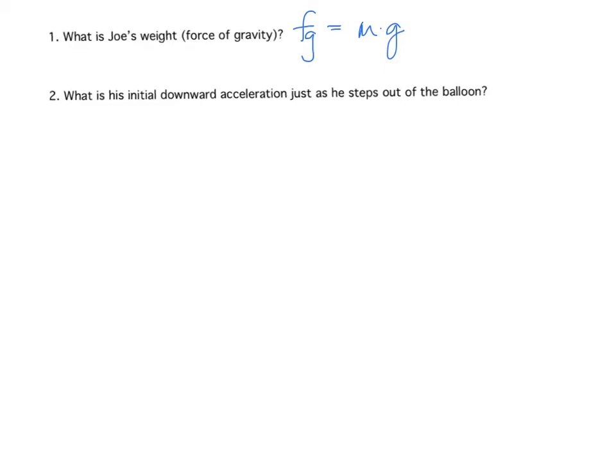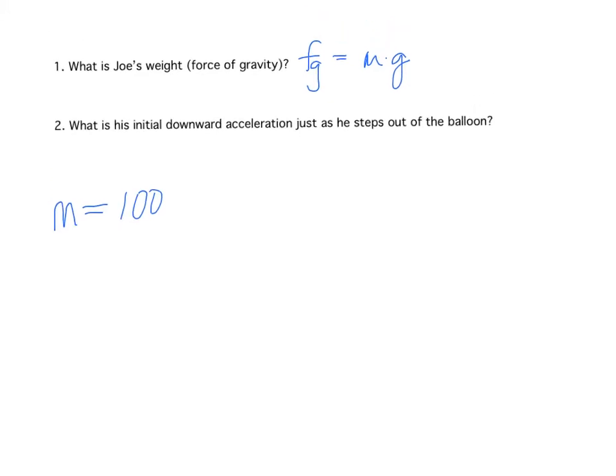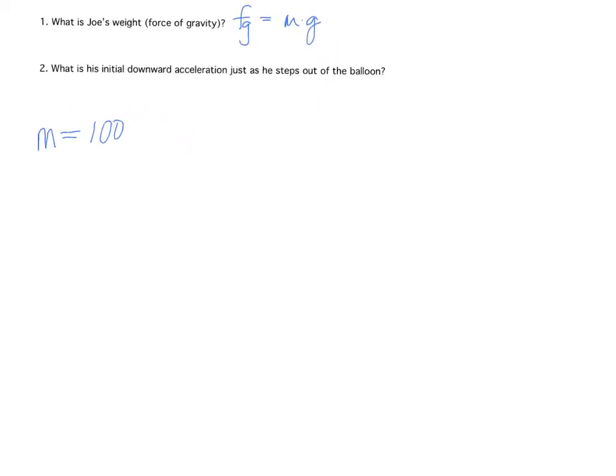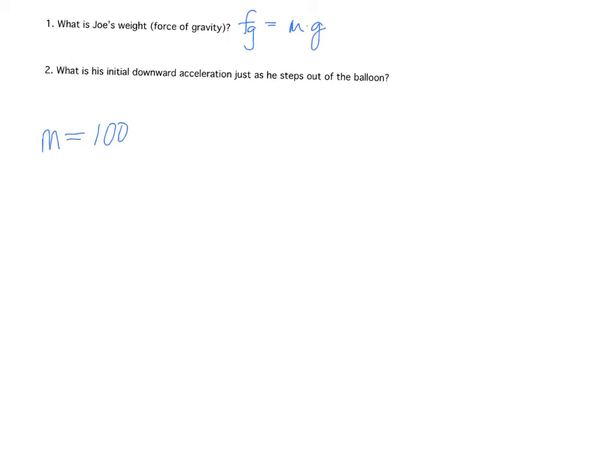So for number one, to find his weight, we know that the mass, if you look at your sheet there, is 100 kilograms. Oops, didn't mean to freak you out by moving all of this. 100 kilograms. And we're trying to find the force, right? So force due to gravity is mass times gravity.